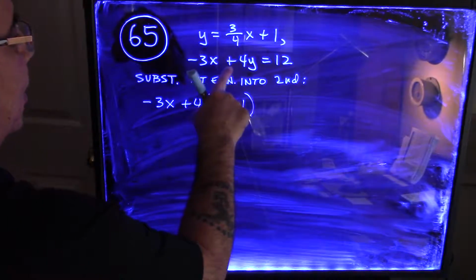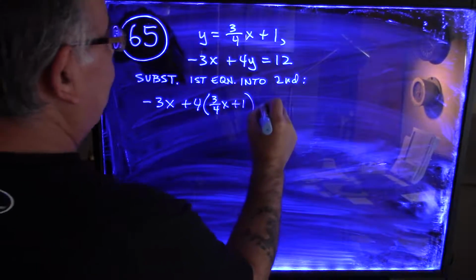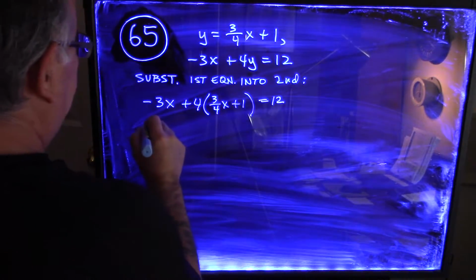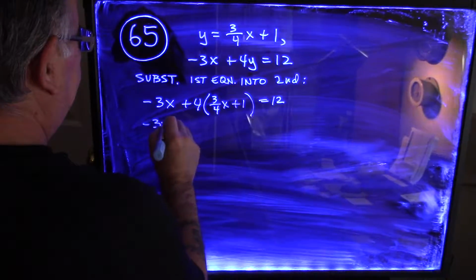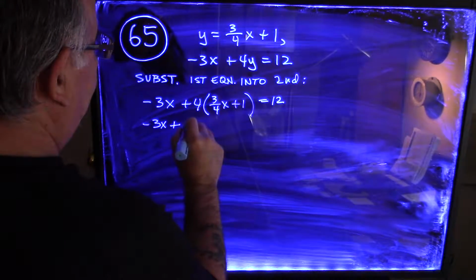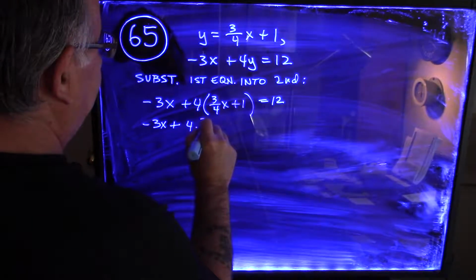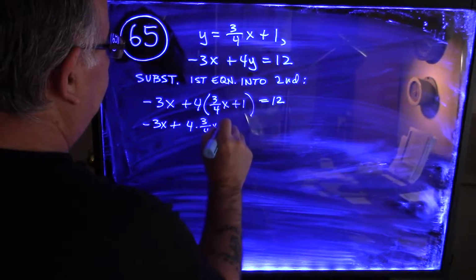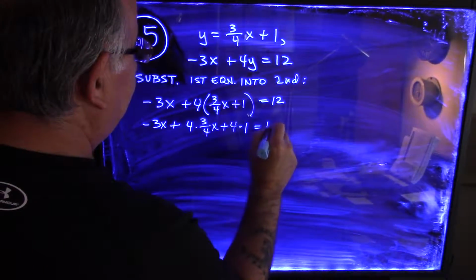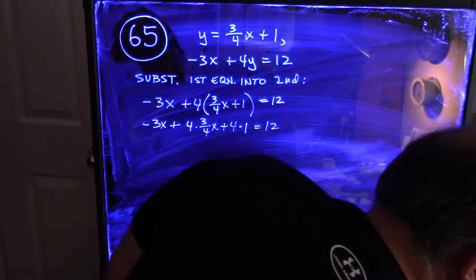So there's negative 3x plus 4y equals 12. All right. So we've got negative 3x plus, distribute that through, so you've got 4 times 3/4 x plus 4 times 1 equals 12.